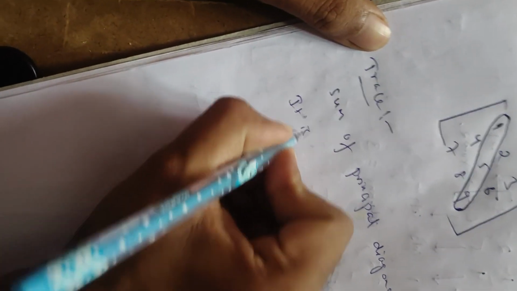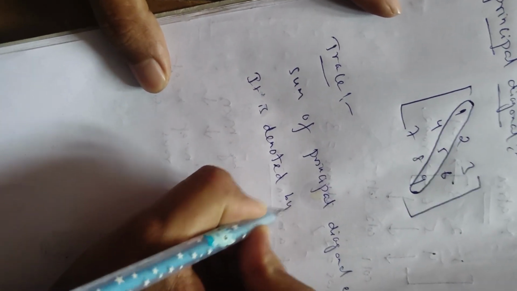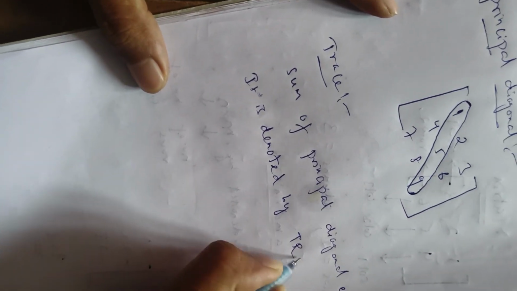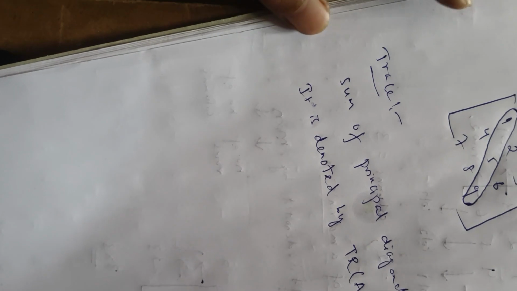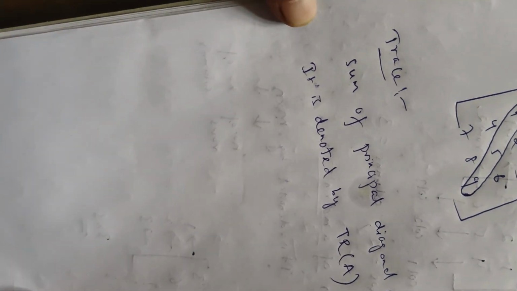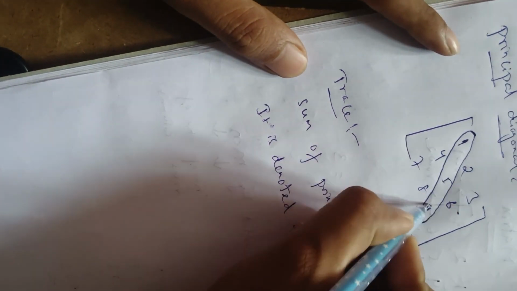It is denoted by tr of A. Okay, so here the principal diagonal elements are 1, 5, 9.